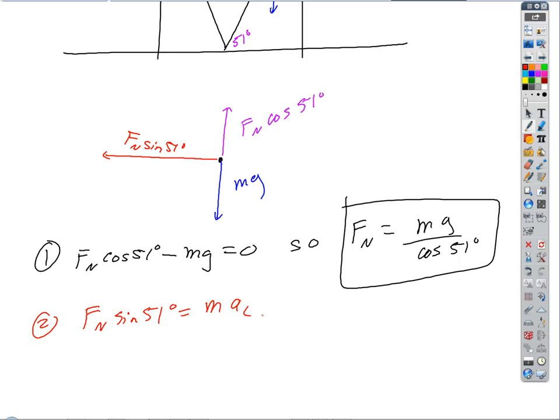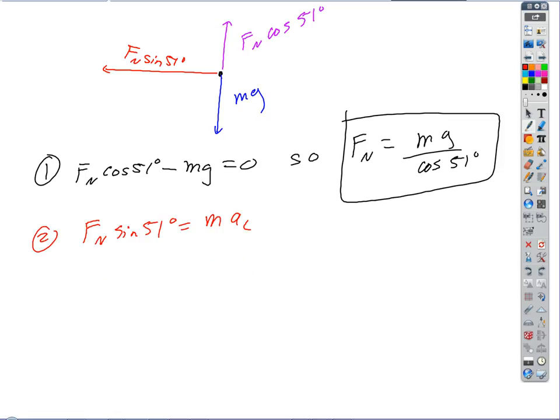Okay, so what can we do then to solve? I just need to solve for the centripetal acceleration. What could I do? So you have your velocity. Well, I have my normal force here, right? In terms of stuff that I know or could cancel. Oh, so you just plug that in, and you can cross out the m.